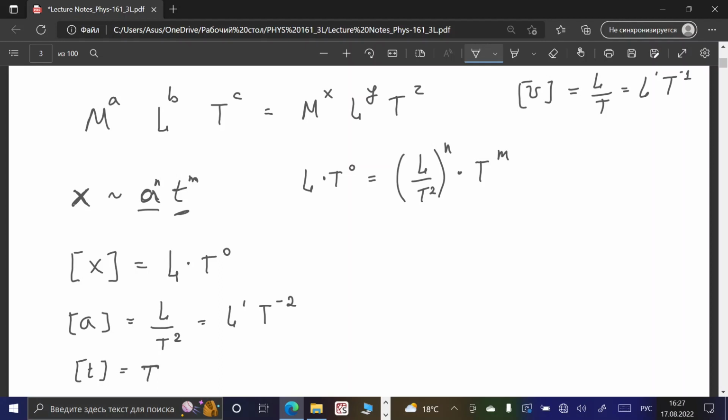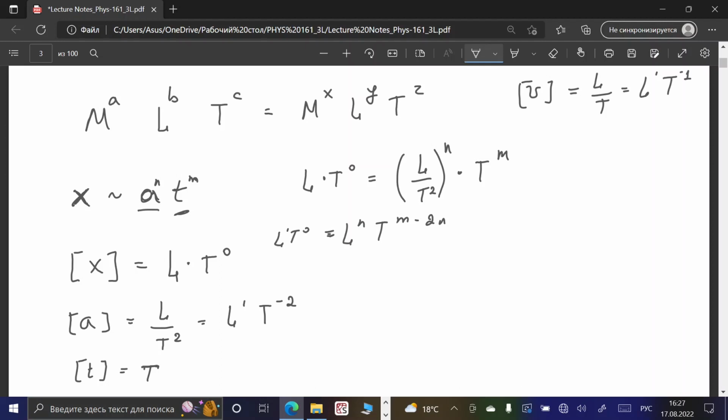Now if we open this, it will be L to the power of n times T to the power of m minus 2n. This is our right side, and our left side will be L to the power 1, T to the power 0.